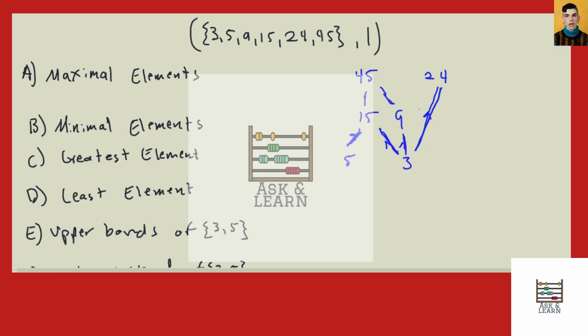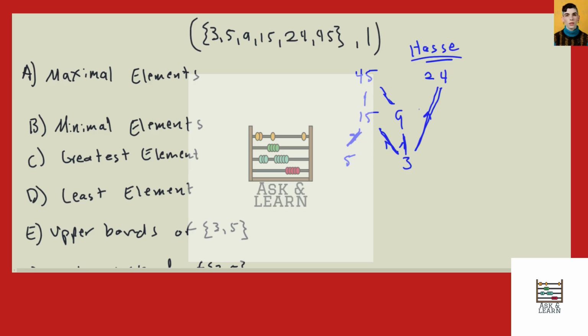So this is the Hasse diagram. Maximal elements are elements where there is nothing above them in the Hasse diagram. Or in our case, we want elements that do not divide anything else.